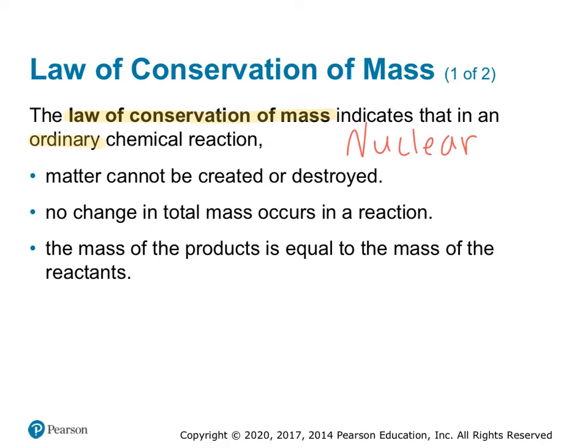But it does state that matter cannot be created or destroyed. There is no change in the total mass of a reaction, and the mass of the products must be equal to the mass of the reactants.